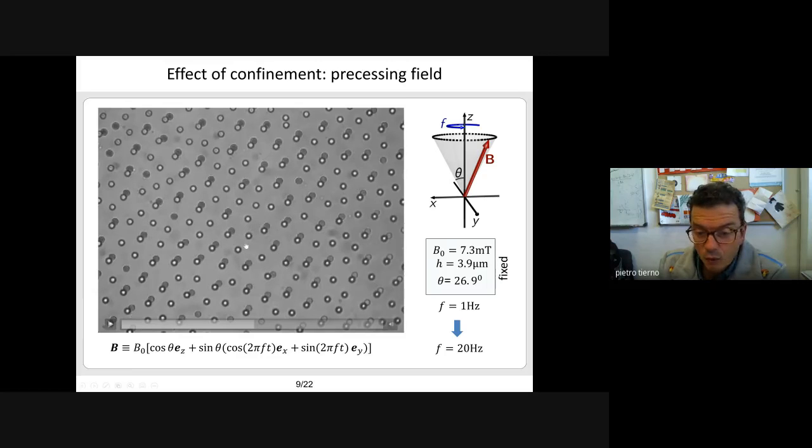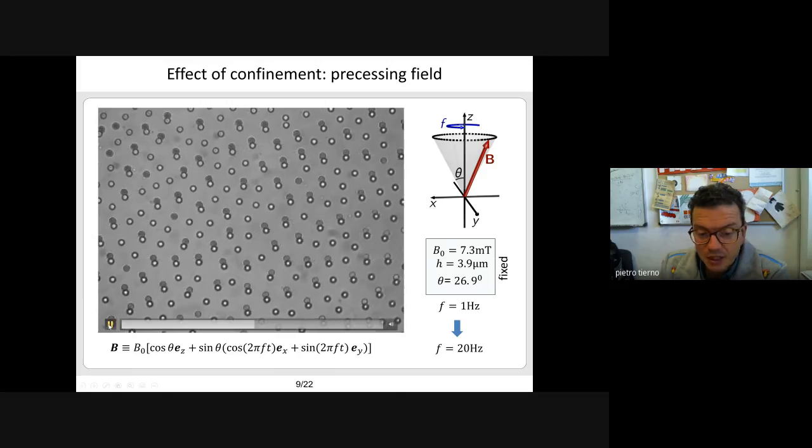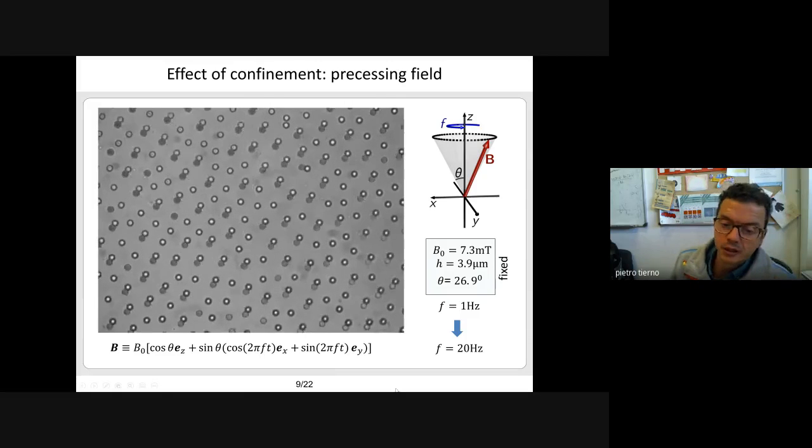And now there is another important field parameter, which is the driving frequency, f, which enters via this in-plane component. What we are doing is raising the driving frequency from 1 to 20 Hertz. At 1 Hertz, you have these slowly rotating dimers.